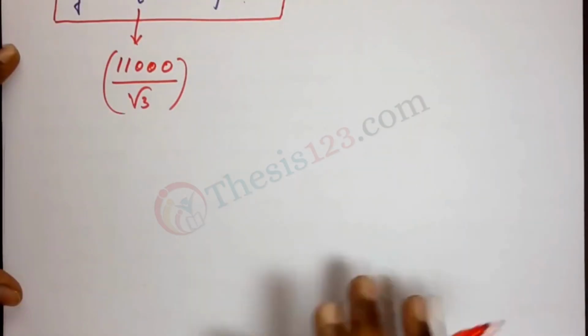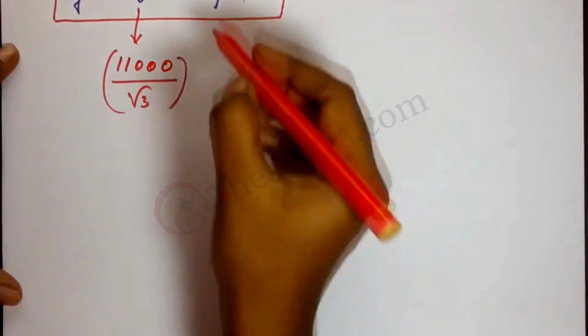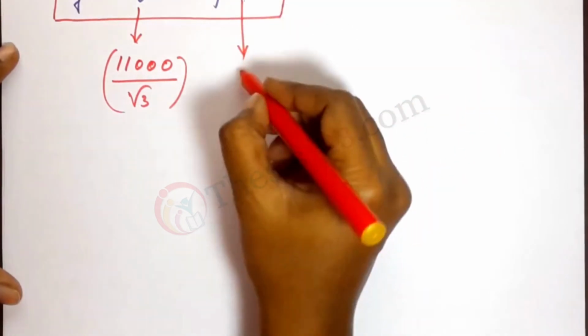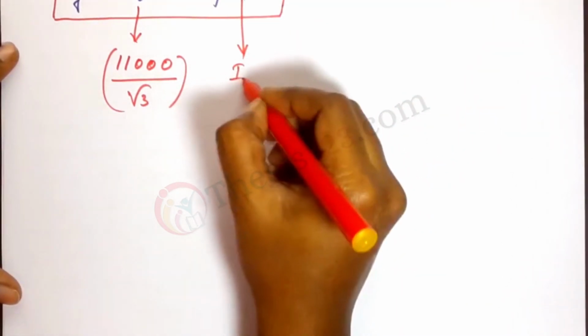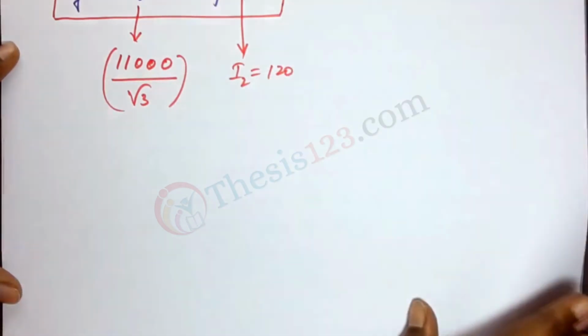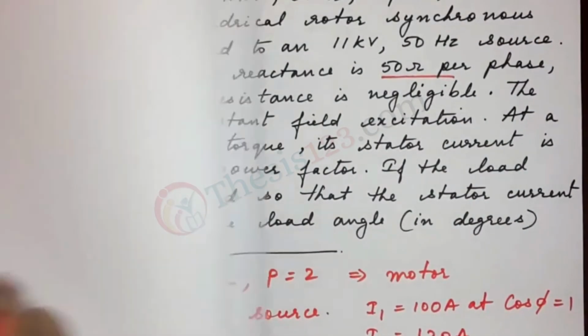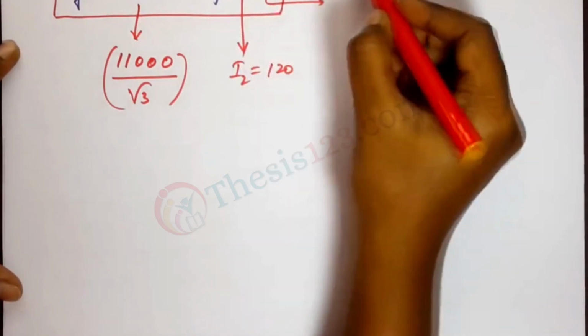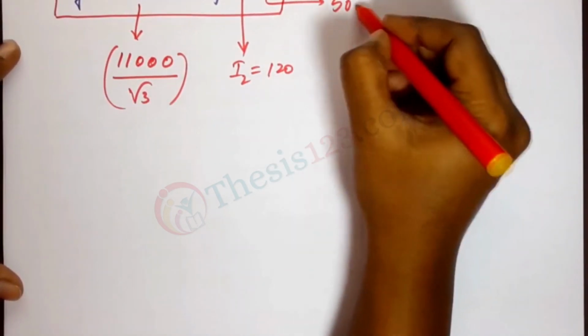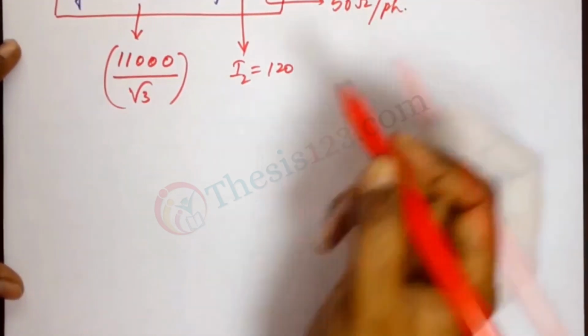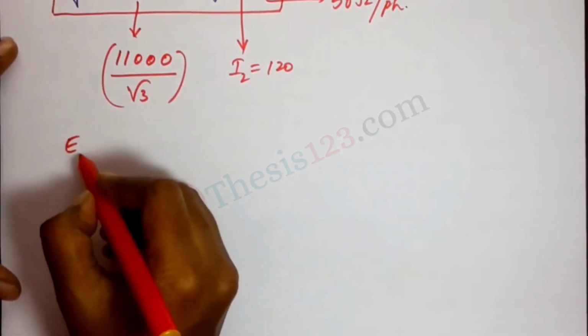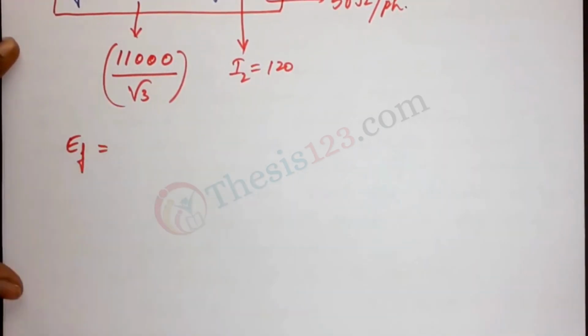So we have to have everything in terms of per phase. Okay, Ia is I2, which is 120, since that is what has been given there, and Xs is 50 ohms per phase. Now let's plug in all of these values here and find out what EF is.